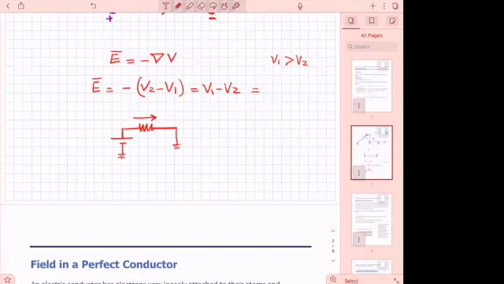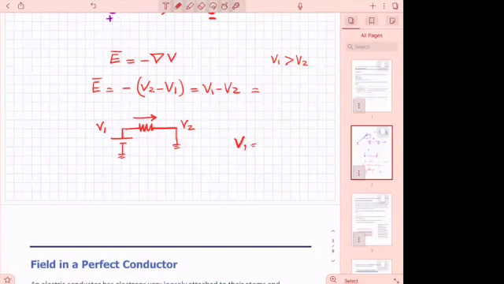So this is say V1 and this is V2, V1 minus V2, that's what you write. It's going to be IR, okay? So in this particular case, the field also goes along that direction. All right, so the other thing, let's think of a capacitor.